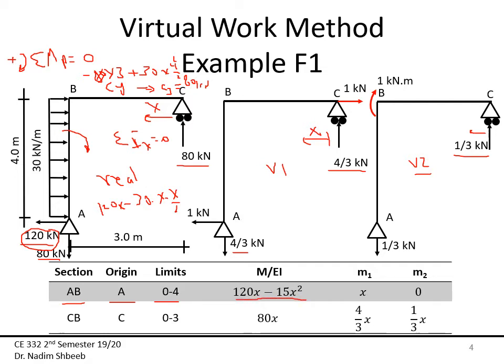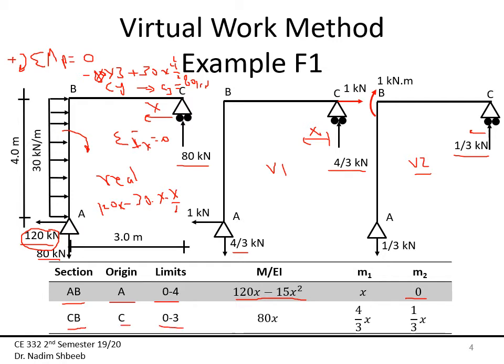Here, because I only have 1 kilonewton, this is just simply x, and again, this is in the same positive direction as this one. Since here there's no horizontal force and no applied moment, then the moment for this virtual frame is going to be 0.